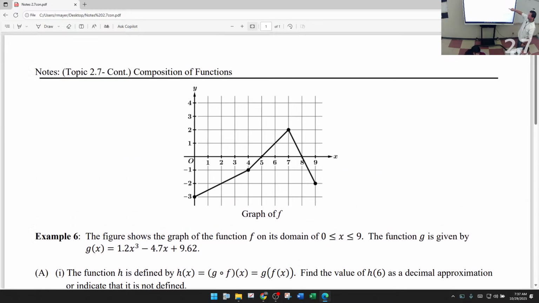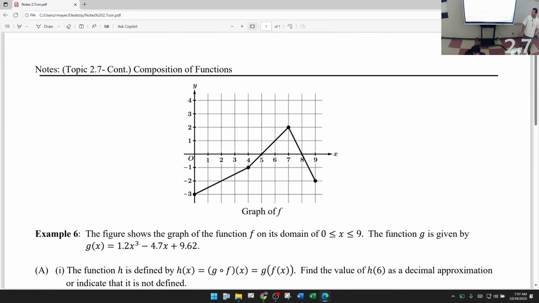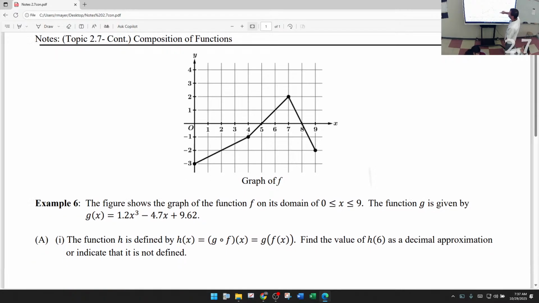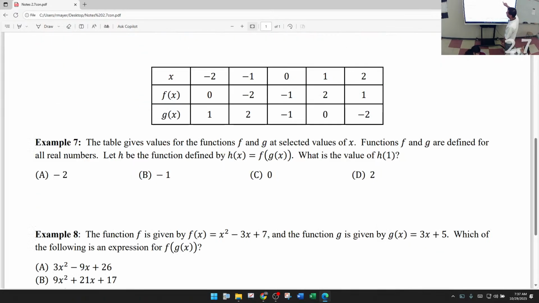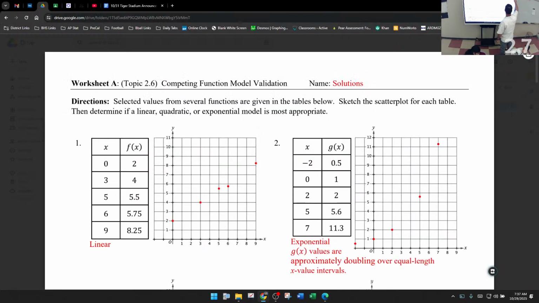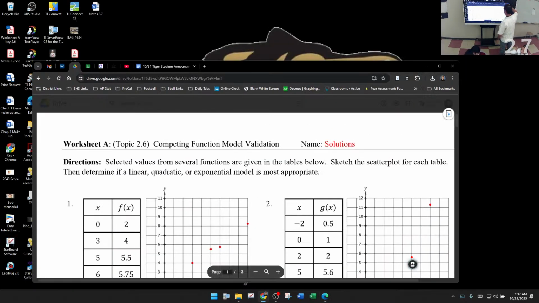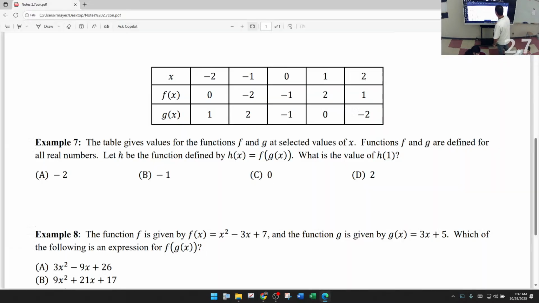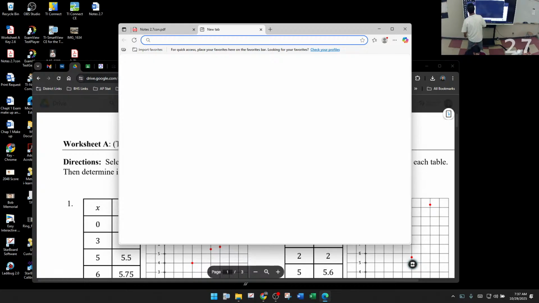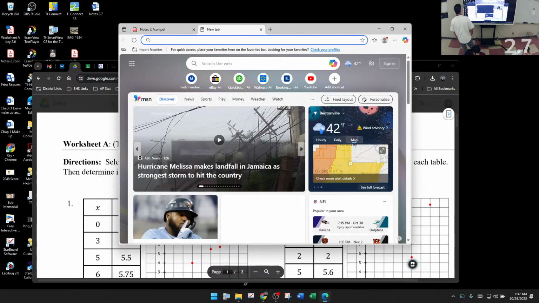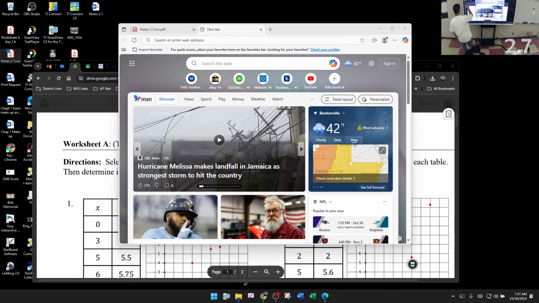Okay, here we go. 2.7. That's not correct. I know that. Go away. I want you back up here. Minimize. Why did that happen? 2.7. It's supposed to be that.